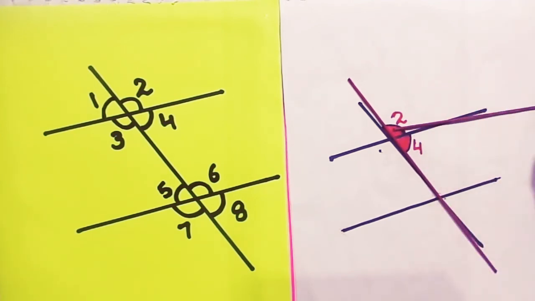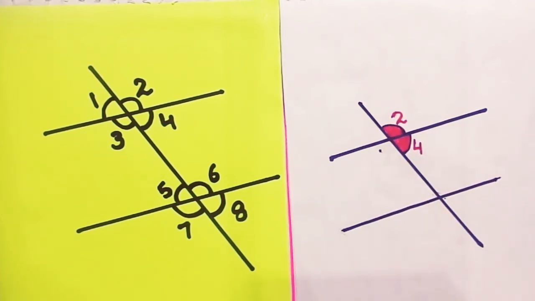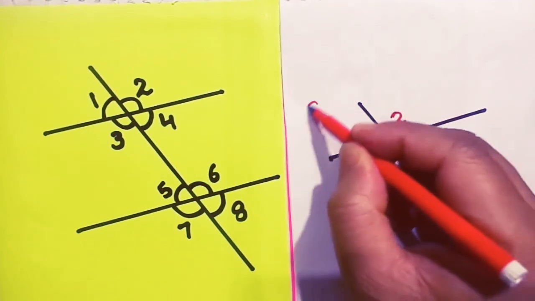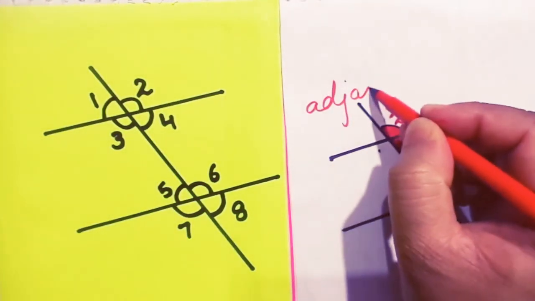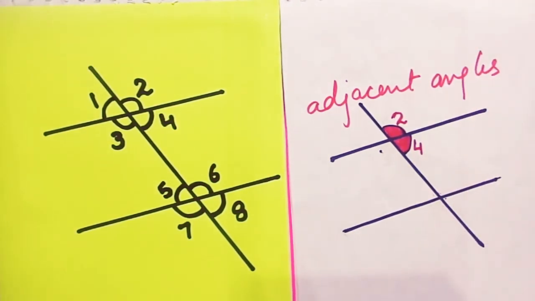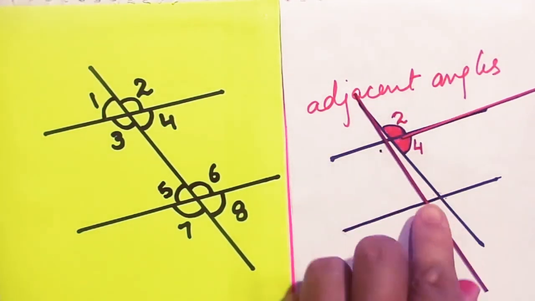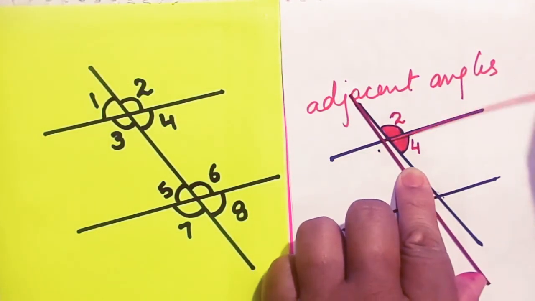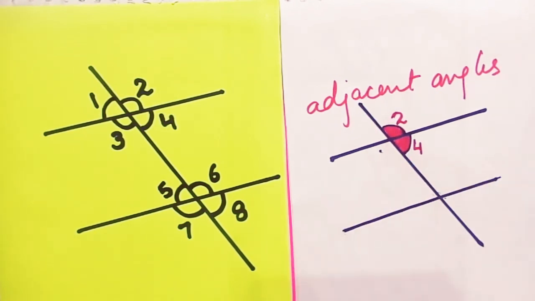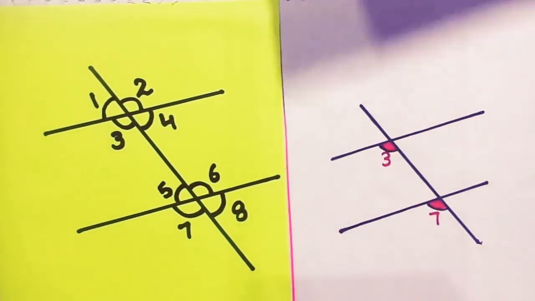Therefore these two are adjacent angles. 2 and 4 are adjacent angles. Why? Because they lie on opposite sides of the common arm. This is your common arm. So these two angles lie on opposite sides. Okay, come on, let's move on to the next one.